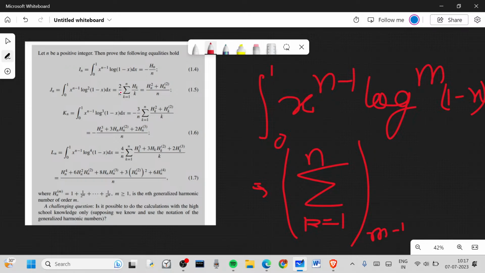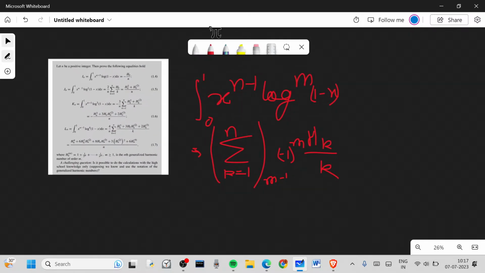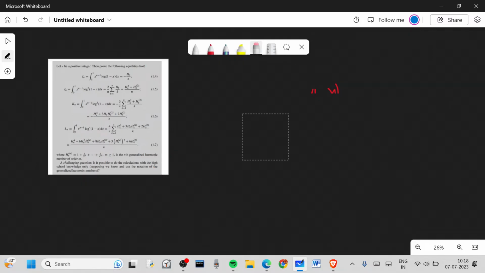And with the square, yes, minus 1 to the power m, H_k by k precisely. Basically it means minus 1 to the power m is outside every bracket, and we do the sum m minus 1 times of H_k by k. We have to prove this; I'm just telling you the generalization of the same thing.